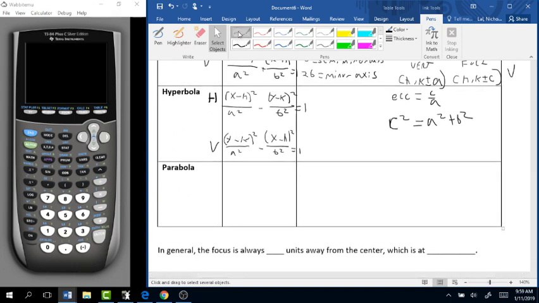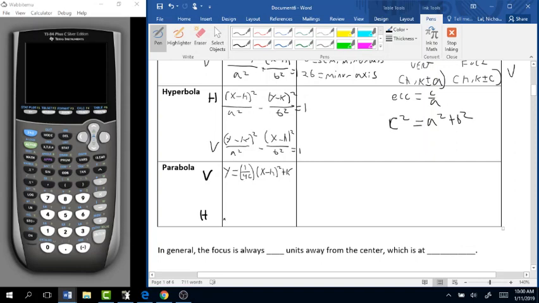For the parabola, I think the best formula for you to memorize is this. You're going to have a vertical parabola and a horizontal parabola. The vertical parabola is going to have the form y = (1/4c)(x − h)² + k.